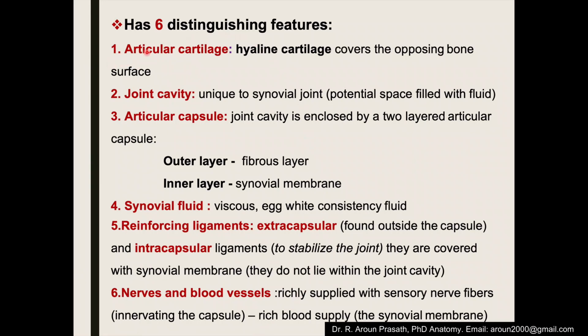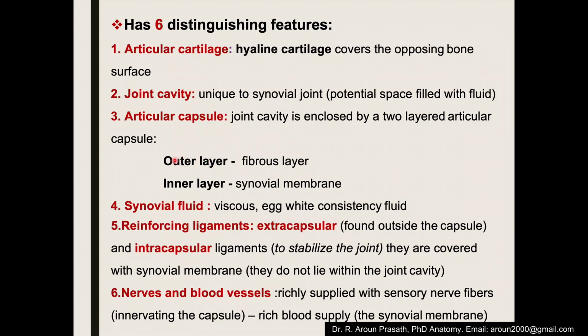That means the frictioning bone should be covered by articular cartilage, which is made up of hyaline cartilage. Then a joint cavity should be present, in which the synovial fluid will be present in order to lubricate the articulating surfaces. Then the articular capsule: the whole joint articulating area is covered by a joint capsule.